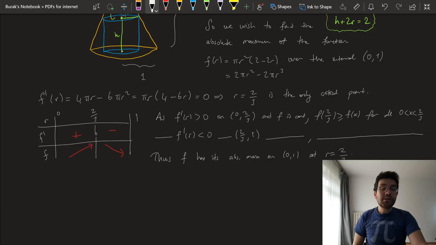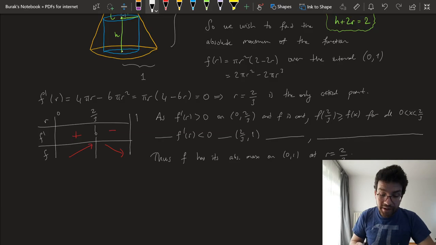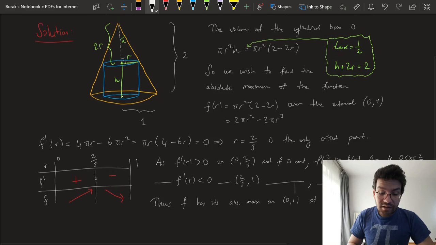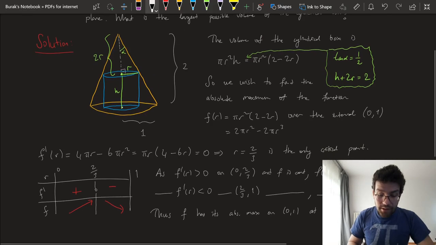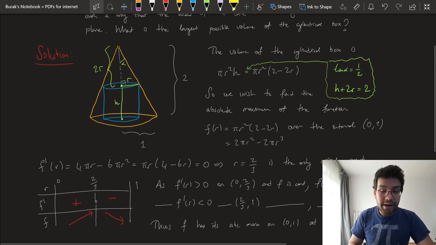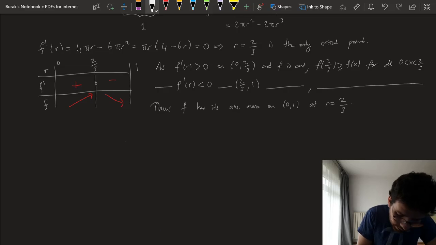So this is the radius which gives me the largest possible volume, and I am asked not the dimensions of the cylindrical box when the volume is the largest possible, but I am actually asked the volume itself. So I need to figure out what f of 2/3 is.